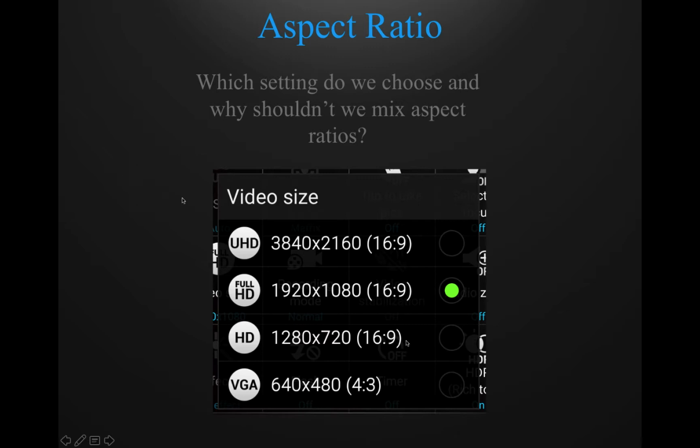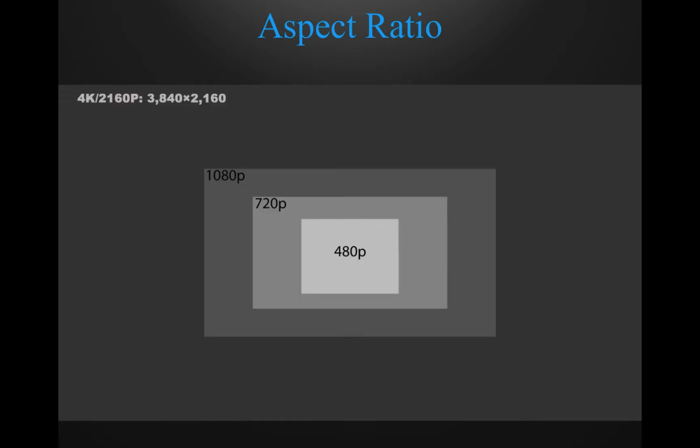You can downsample to 720 if you're going to go to the web, or you can even go up to ultra high definition. But you'll notice that from ultra high definition down to high definition, they all have the same aspect ratio. But this other one, 640 by 480, has a 4:3 aspect ratio. Who cares, and why does that impact what we're doing with our smartphones or a tablet-based device?